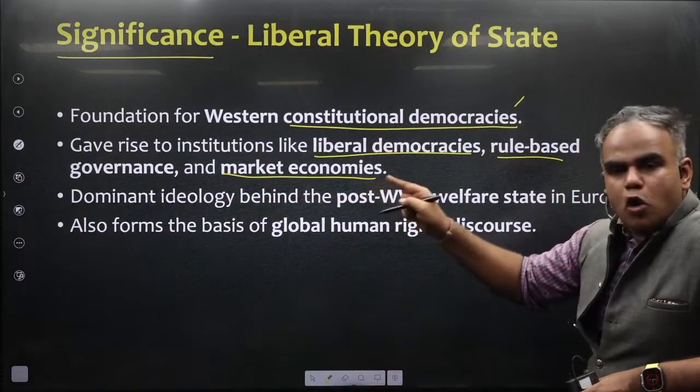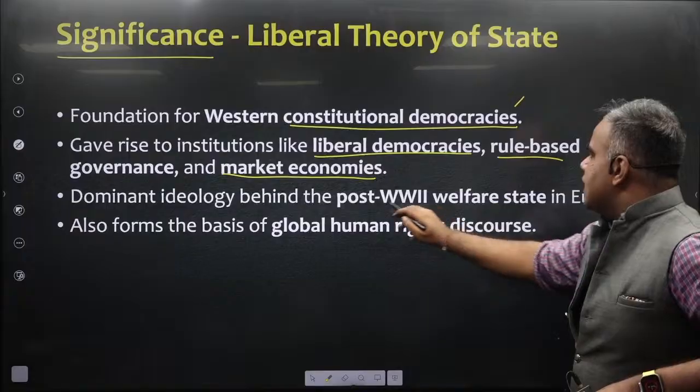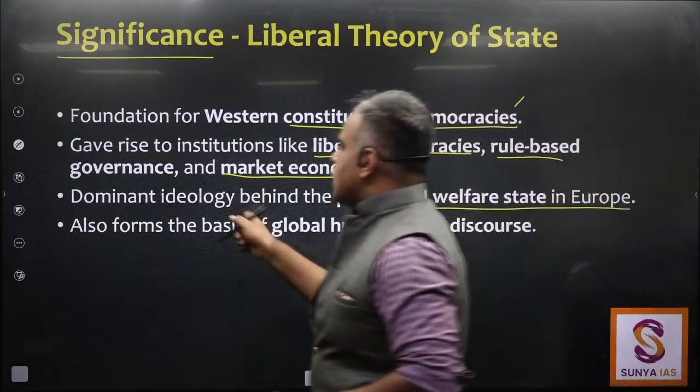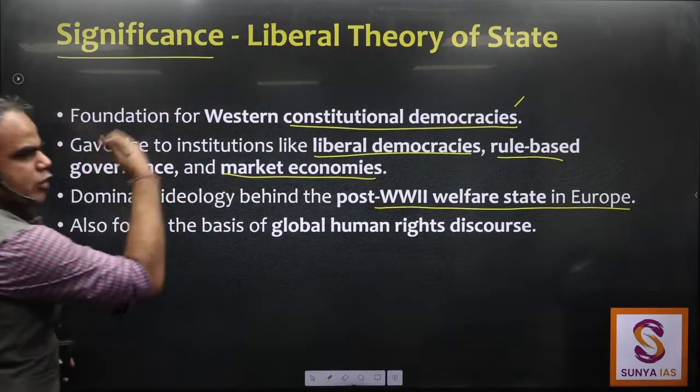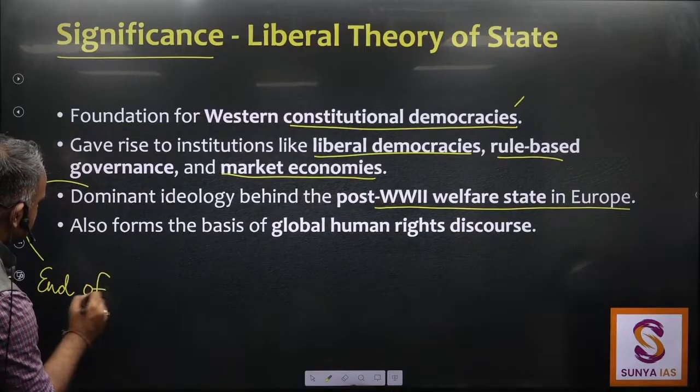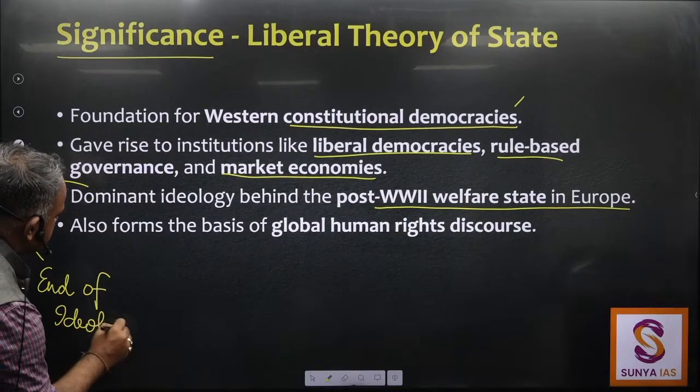Now this was the dominant ideology behind the welfare state in Europe. जहां पे हमने ये टर्म लिखा है डोमिनेंट आइडियोलॉजी, in your margins कहीं पे अलग से लिख लेना, end of ideology debate.